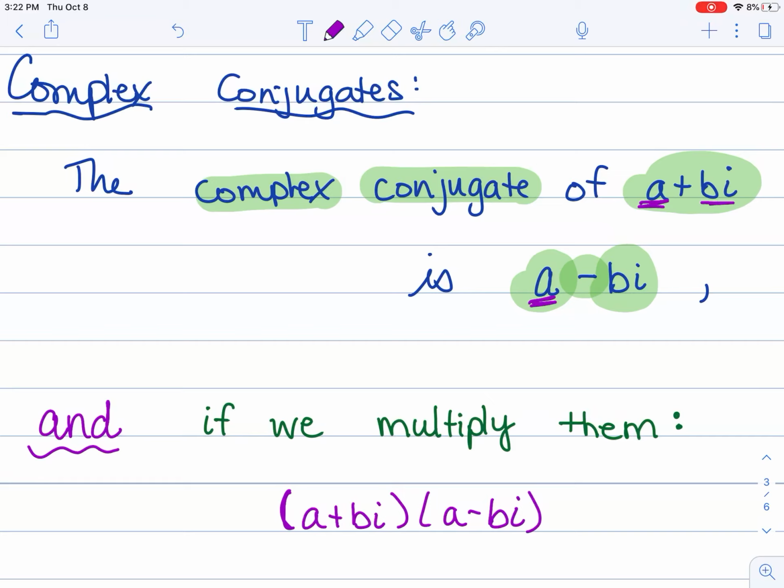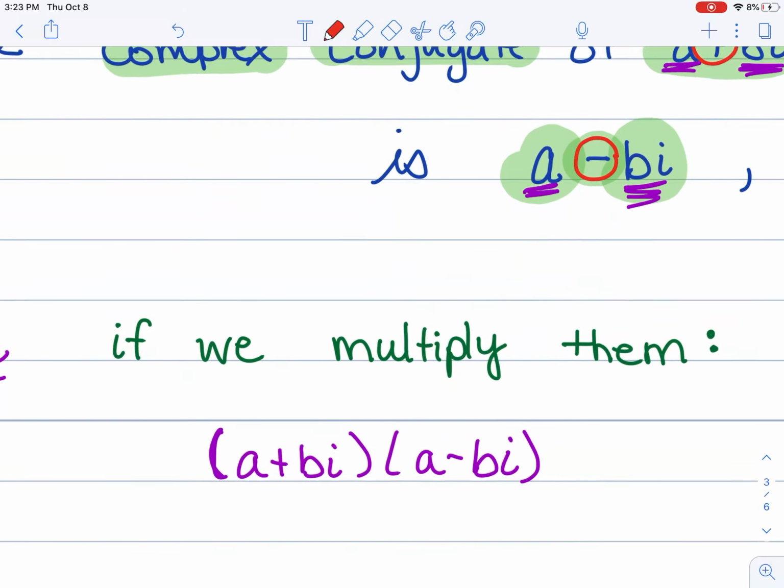They both have the same imaginary term, but where they differ is whatever's in the middle of the first complex number, the conjugate has to have the opposite sign here. So the complex conjugate of one thing will have the same terms but an opposite sign on the second one. And then watch what happens if we multiply them together.